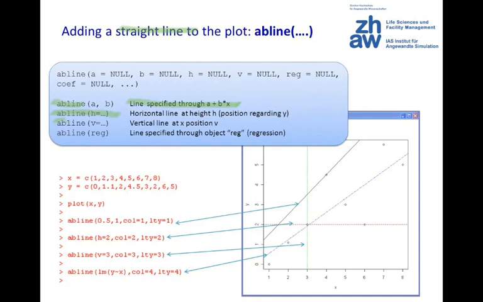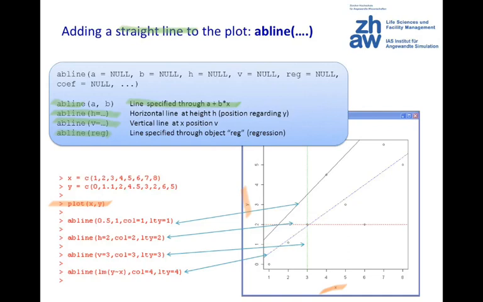You can do the same with vertical lines, and now, very interestingly, you can also do that with regression lines, as we've already seen. If you have a regression object, let's say you have done some linear modeling, then you can directly plot that regression line into your scatter plot. What is very important if you want to do this is that you start with the command plot x and y, first the x-axis, then the y-axis.